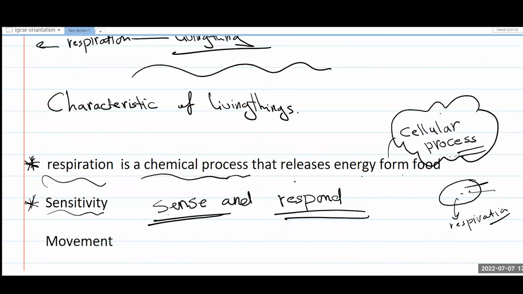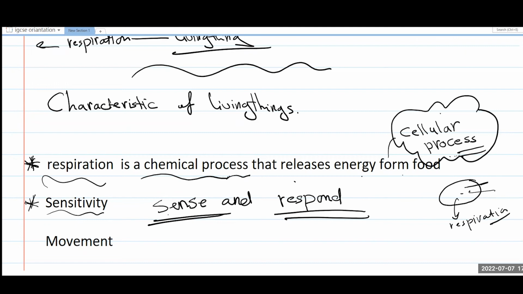As I told you at the beginning, there is a snake. Something is not moving. I try to poke it, right? If it moves, so there is response. When we put the plant in unidirectional light, with light coming from one side and the other side in the shady part, the plant will grow towards the light.